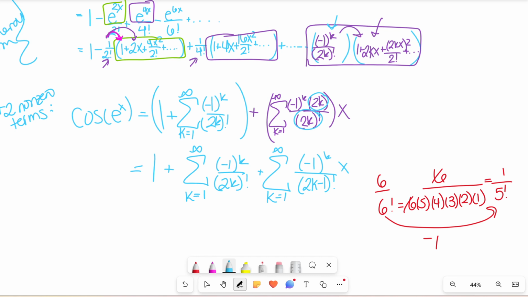So this is what my first 2 non-zero terms are going to look like. Again, this is a constant. There's no x's here, so this is just my constant. So these two terms are going to simplify to be one term, and now this is my x term. So that's what's happening in this equation.